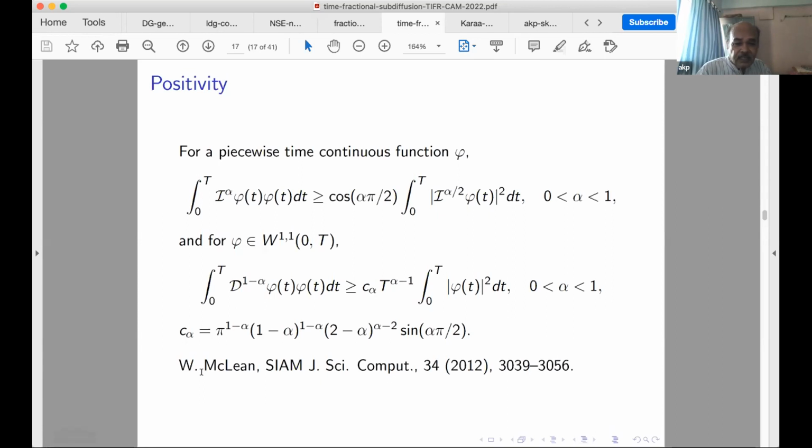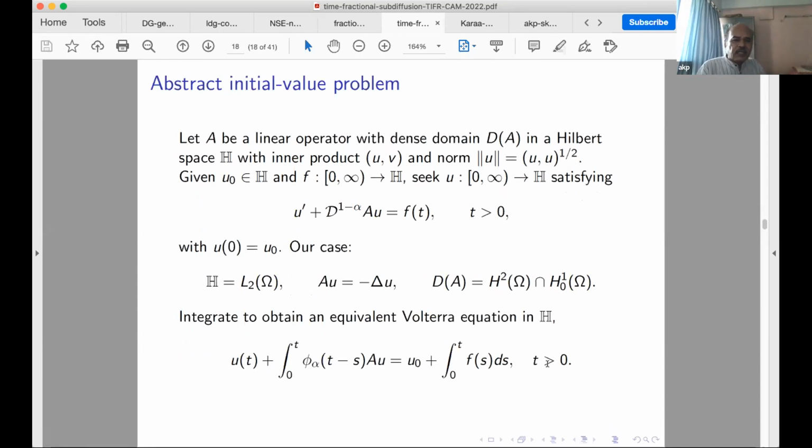So this was very nicely proven by William McLean, and this is a very well written paper. So let us go for the abstract evolutionary equation, because of the equation which you have written earlier, minus Laplacian u, Au. In order to write it in general abstract form, seemingly different problems can be put under one umbrella.